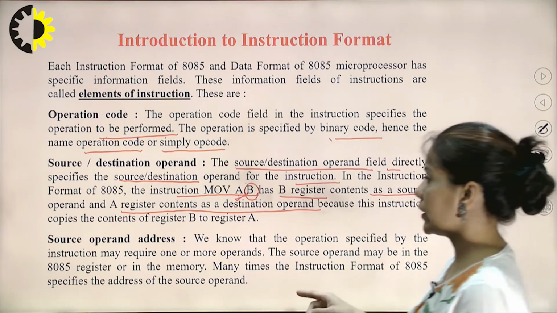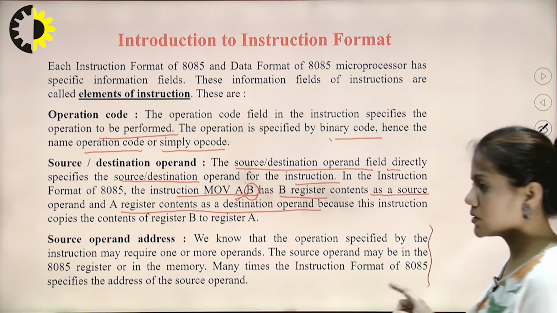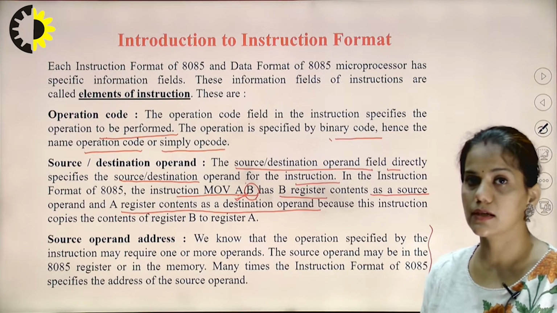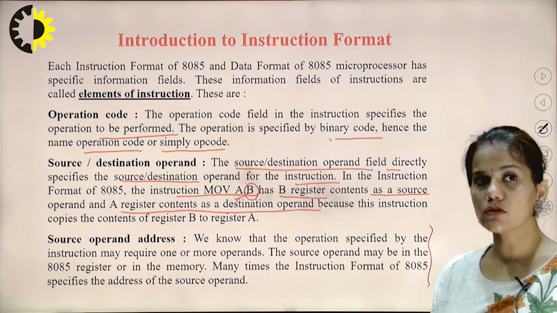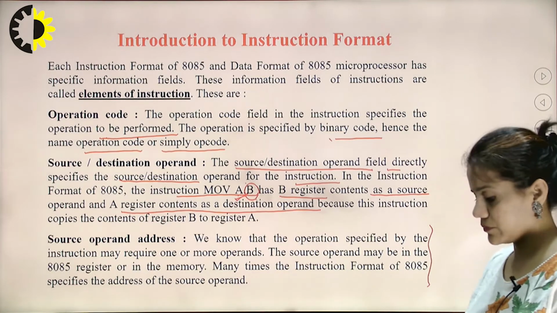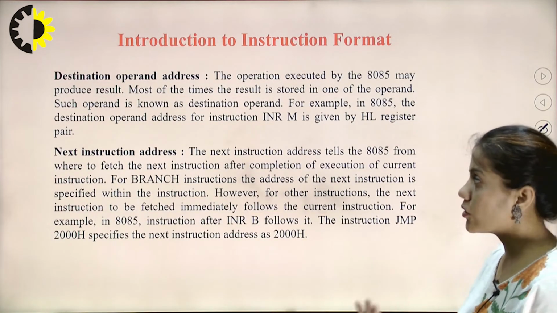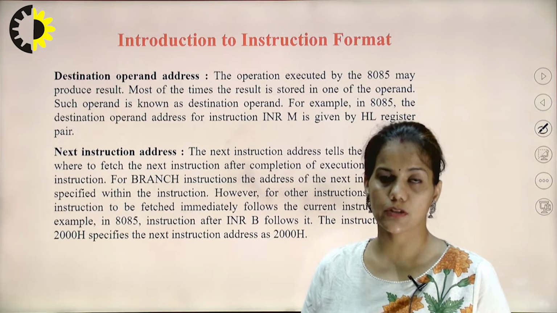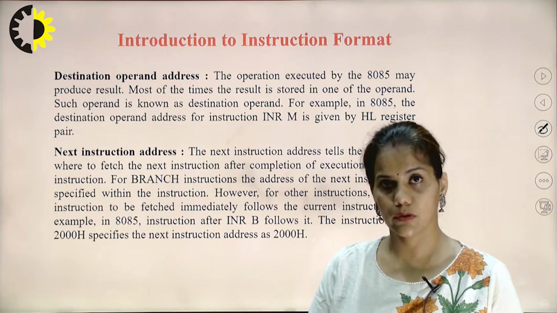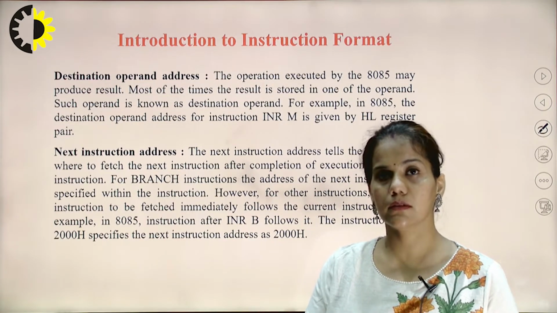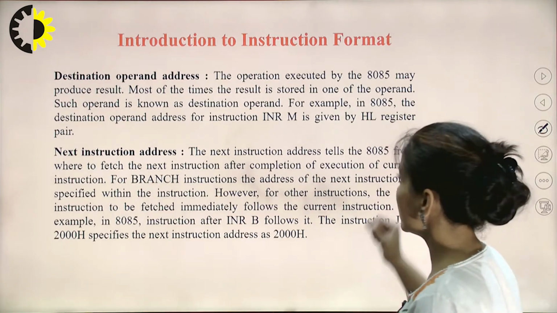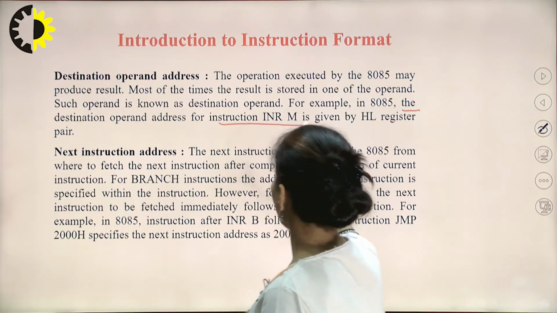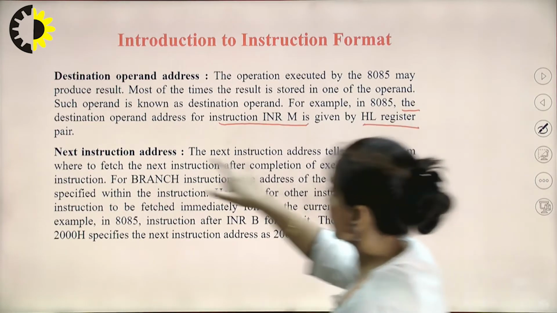Now the source operand address is the address from where the processor has to fetch its data. Destination operand address means the address where the processor has to store the result. Let's see the example. In 8085, the destination operand address for instruction INR M is given by the HL register pair. Why?